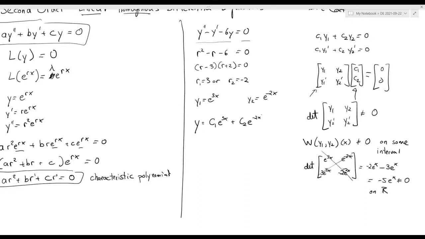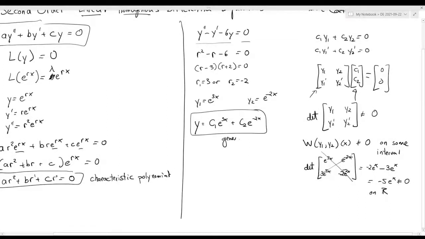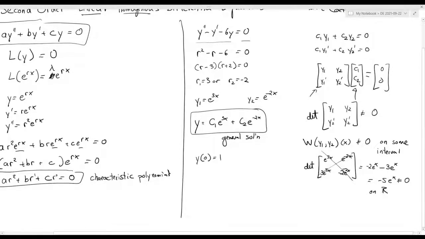So this is our general solution. If we had an initial condition, would that be enough to solve for C1 and C2? You have 2 constants, so you need 2 conditions.